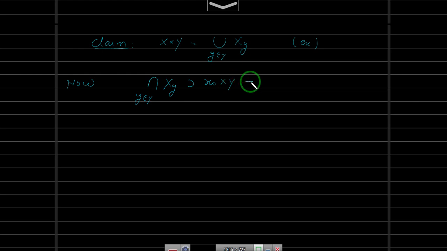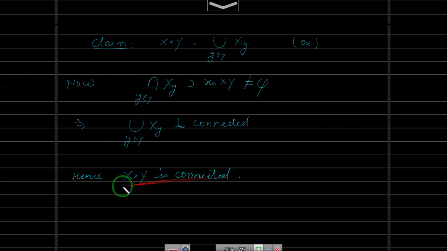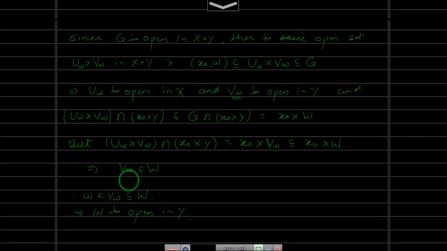And this x naught cross y is obviously non-empty, and this implies, by using the previous theorem which we already proved, if you have not gone through that, please go through that video, that the union over y belongs to y of X suffix y is connected, because the intersection of all those X suffix y's will be non-empty. This implies the union is connected, and hence x cross y is connected. Okay, this was our aim.